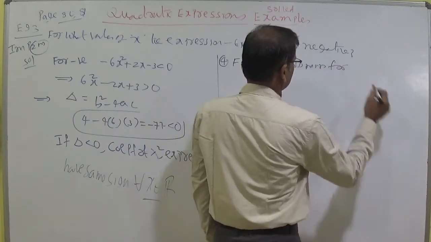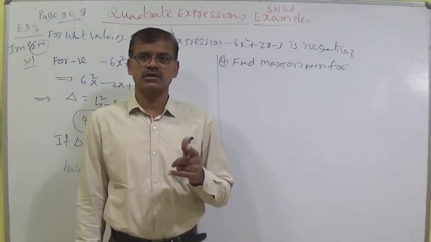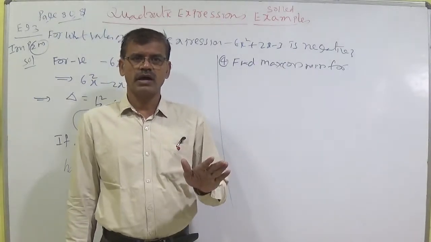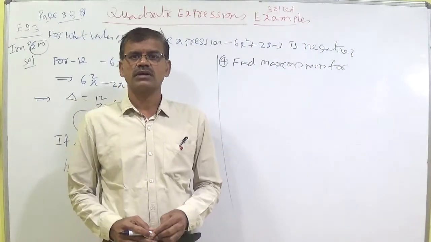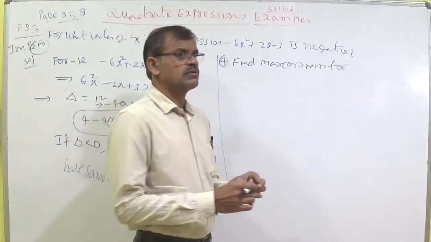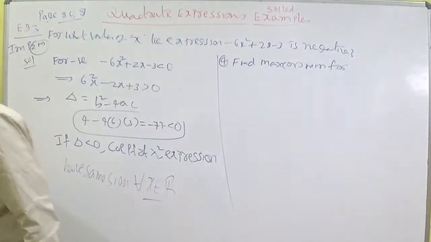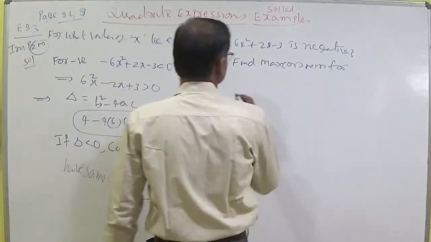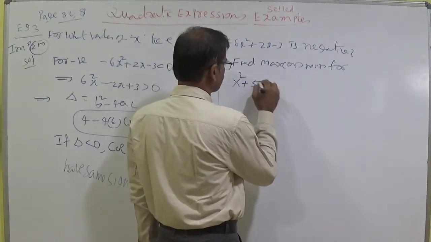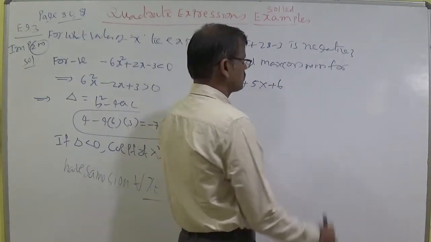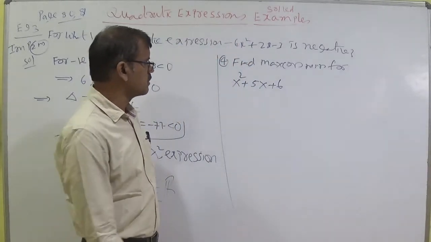For max or min, a quadratic expression may be maximum or minimum depending upon the coefficient of x square, but not both. So find the maximum or minimum for x square plus 5x plus 6. This is the expression given.